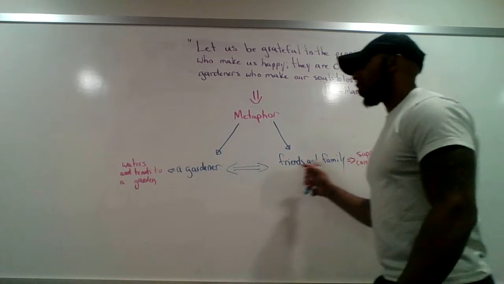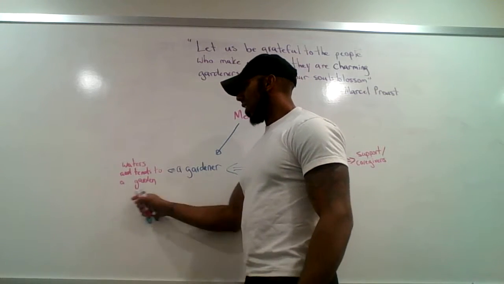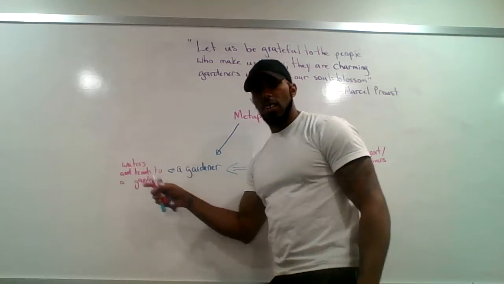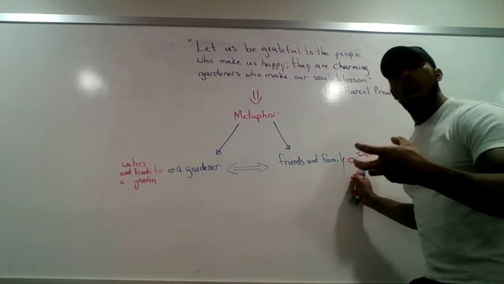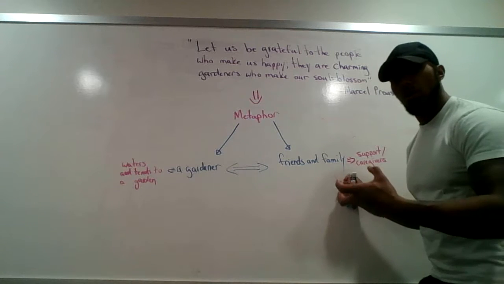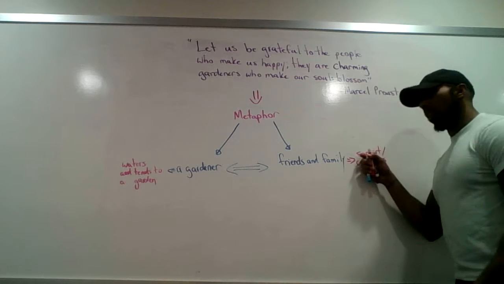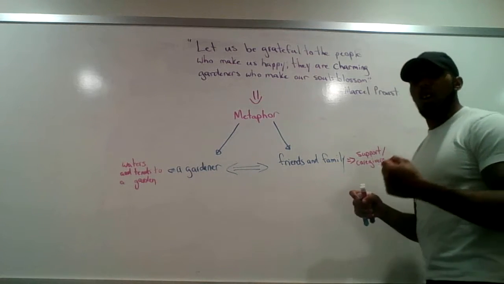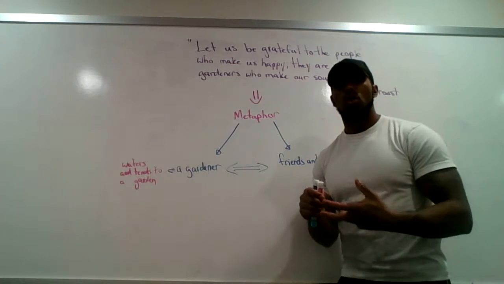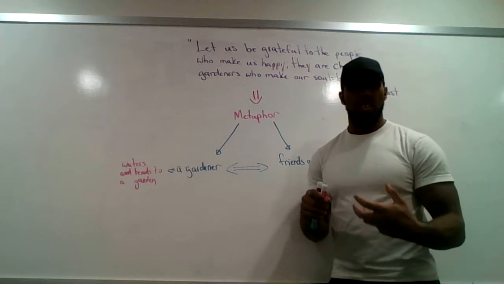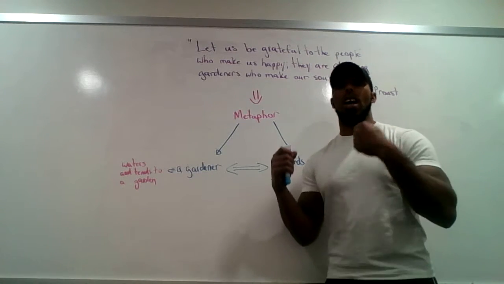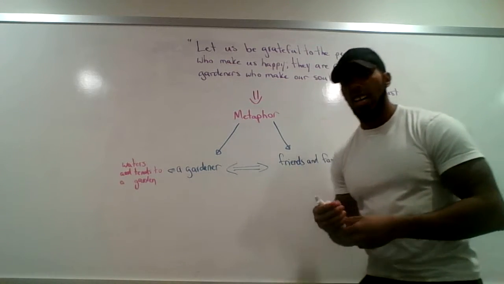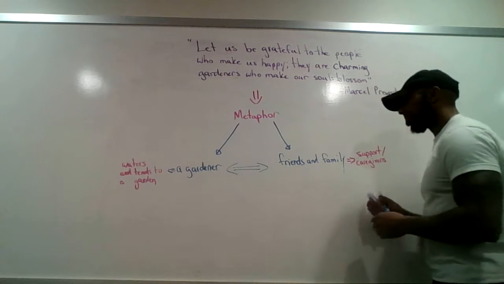So the role of a gardener is to water his plants. A role of a family member is to figuratively water you, whoever you are, which is to give you support in a way that a gardener offers support to his garden and his plants. What support is that? Well, by tending to them and watering them and making sure they have a sufficient amount of sunlight. It's the same thing.